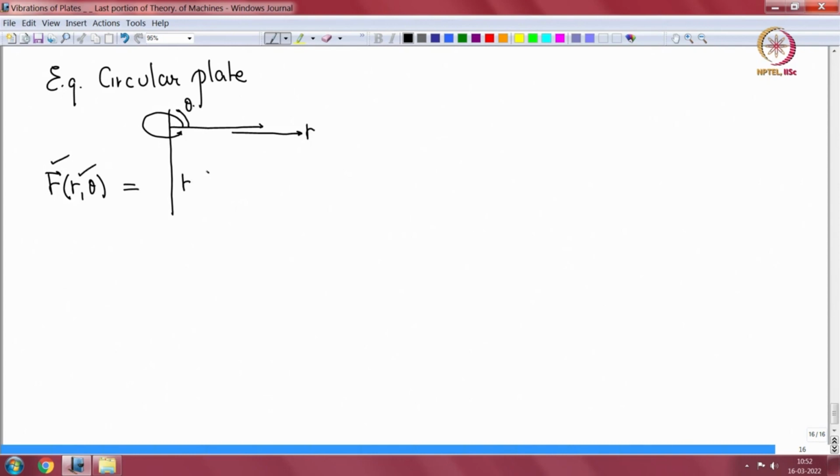So we have r cos theta i plus r sin theta j.